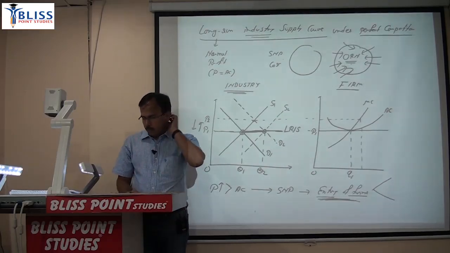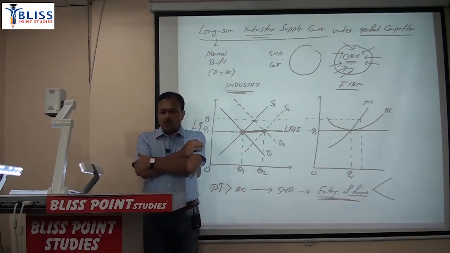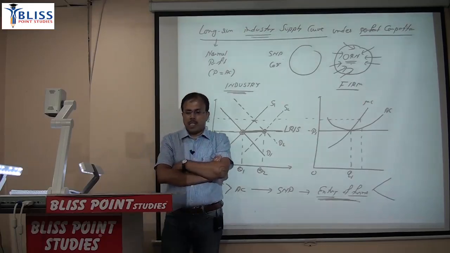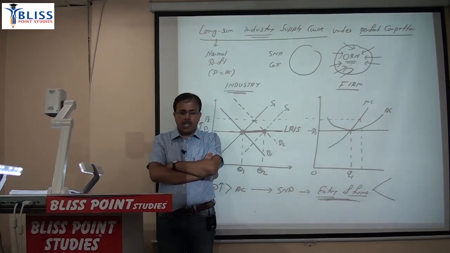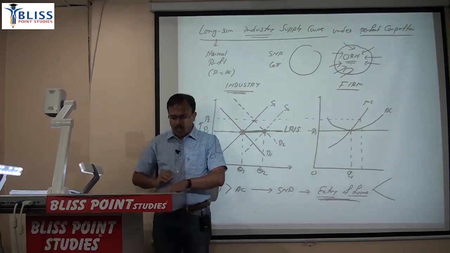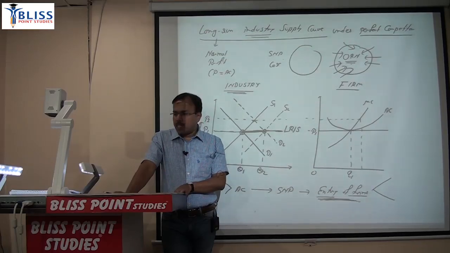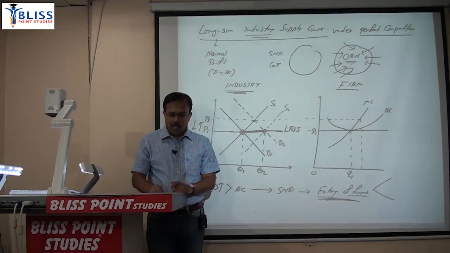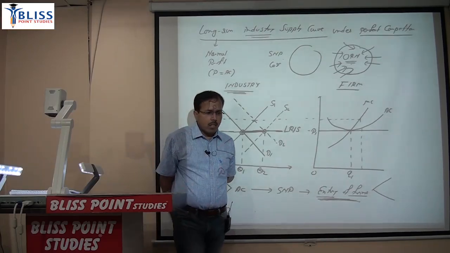Long run industry supply curve explains the relationship between market price and quantity supplied by the industry when all existing firms in the market earn normal profit.